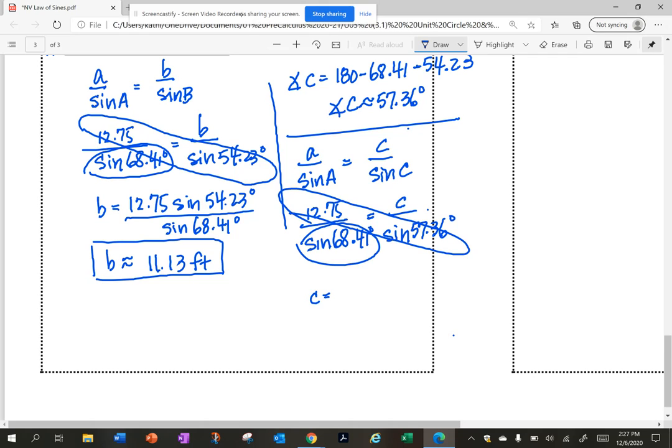So I get C equals 12.75 times the sine of 57.36 degrees divided by the sine of 68.41 degrees. And I get C is approximately 11.55 feet.